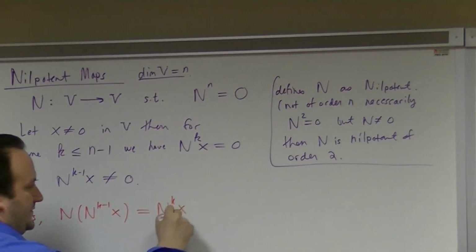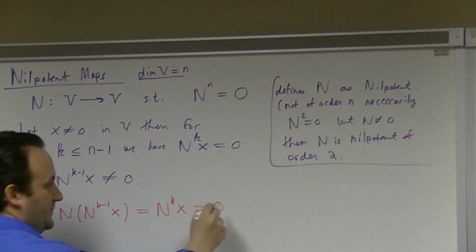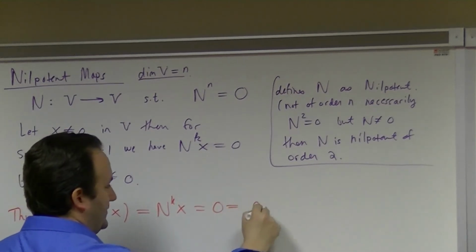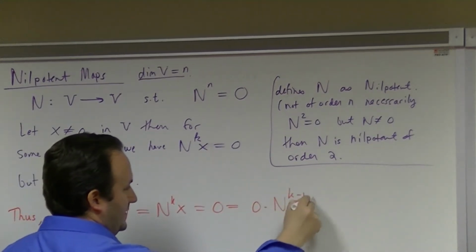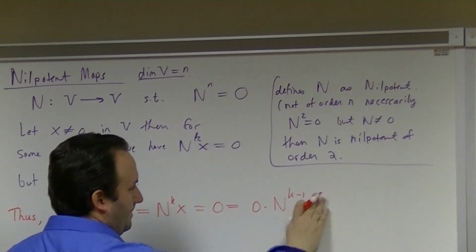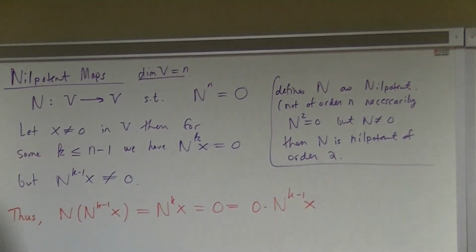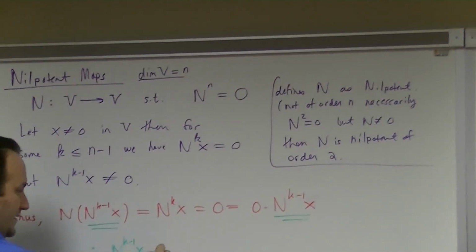Right, n^k x, which is equal to 0, right? Which, by the way, is equal to 0 times n^(k-1) acting on x, right? But what does that make this thing here? Look at that. So therefore, n^(k-1) x is a what?